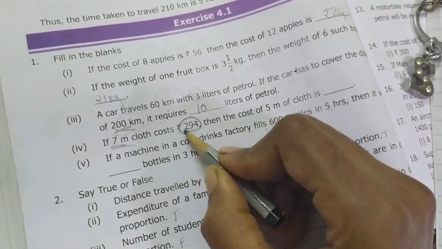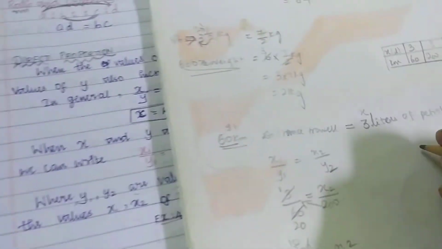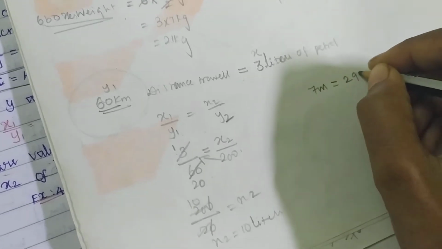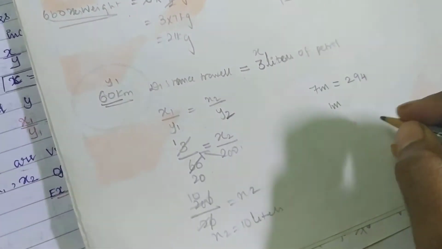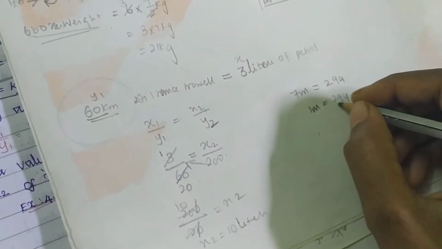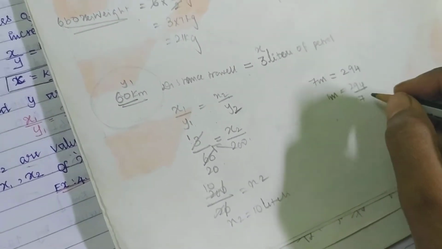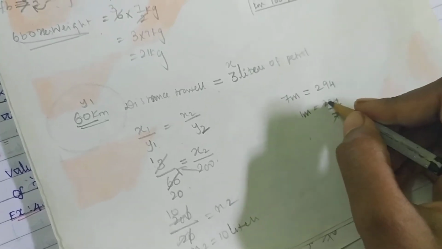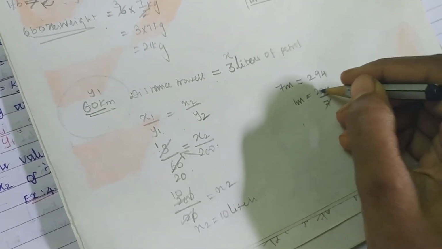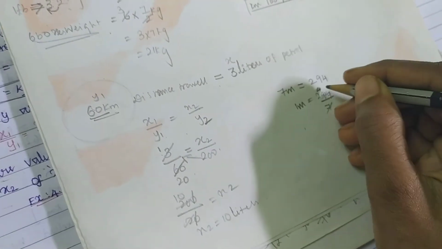So I can divide. What they mentioned: 7 meter cloth is equal to rupees 294. I need 1 meter. If you know the 1 meter, you can find out the rate. So this 7 moves to that place. In the 7 table, how many times will it go? 28 for 4 times, 14 for 2 times.